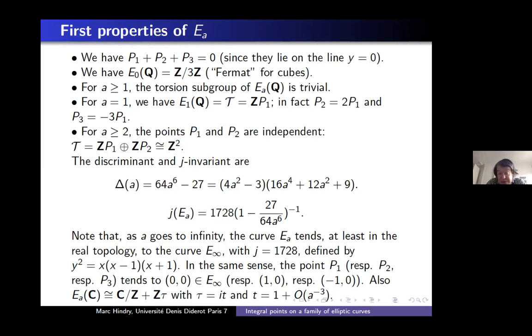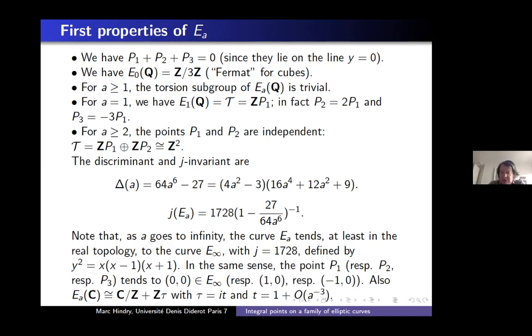Also important is the J invariant. I recall that two elliptic curves that are isomorphic, of course, have the same J invariant. Now, if two elliptic curves have the same J invariant, they are isomorphic over the algebraic closure of the field, not necessarily over the field itself.